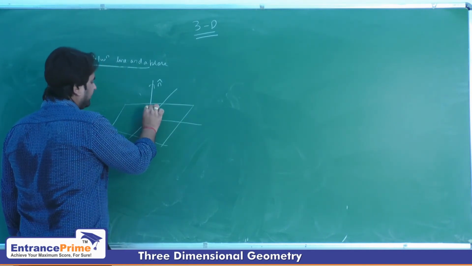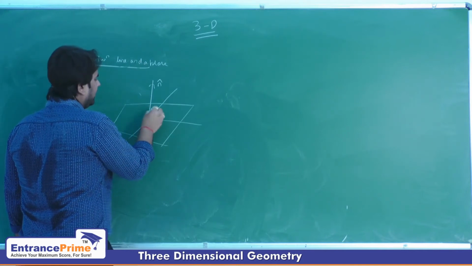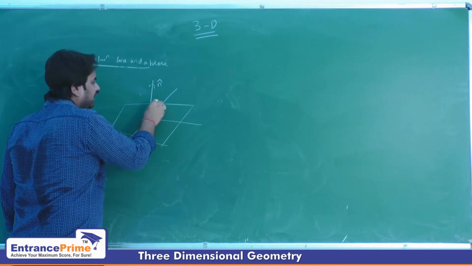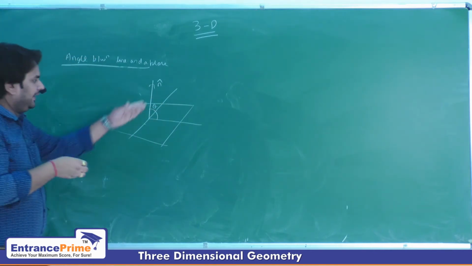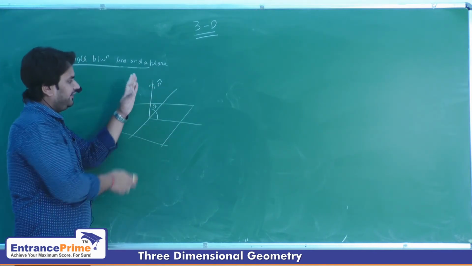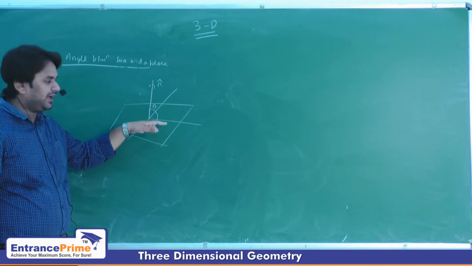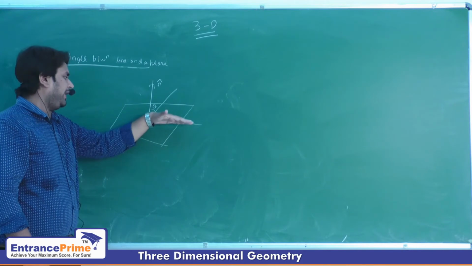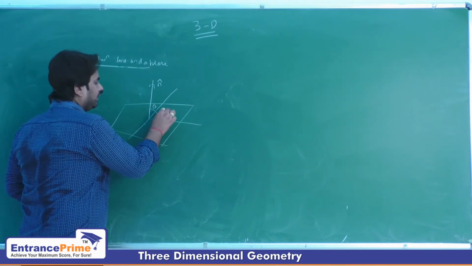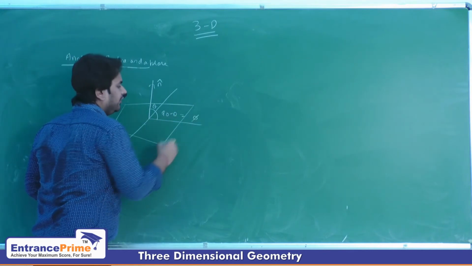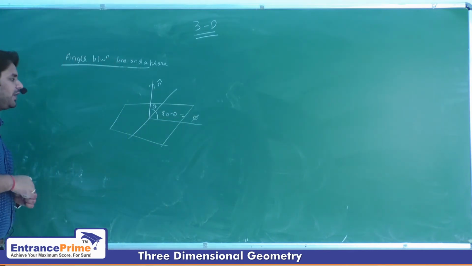If the angle between this normal vector and this line is theta, then what is the angle between line and this plane? It is given by 90 minus theta. And 90 minus theta, I am taking phi. Okay, so you have to calculate the angle between line and plane.